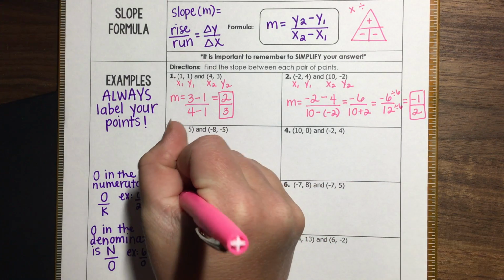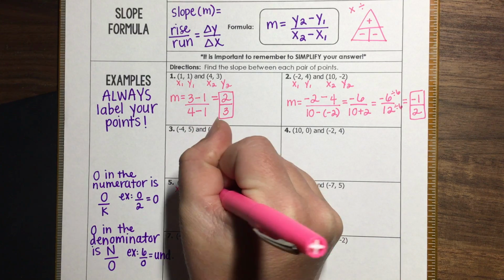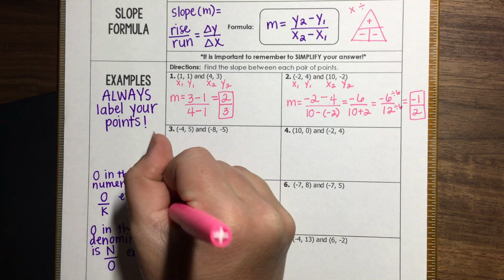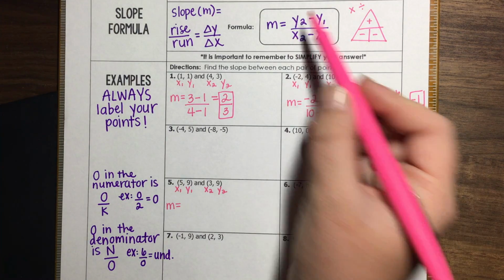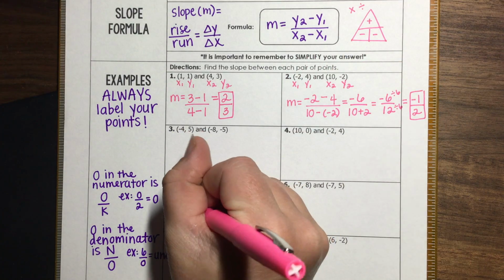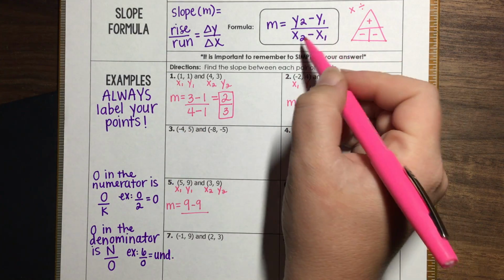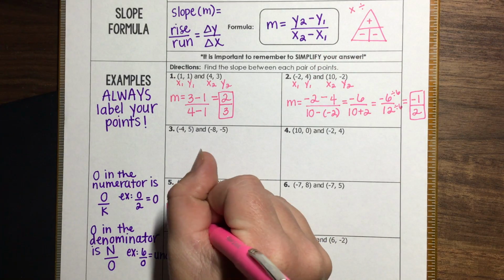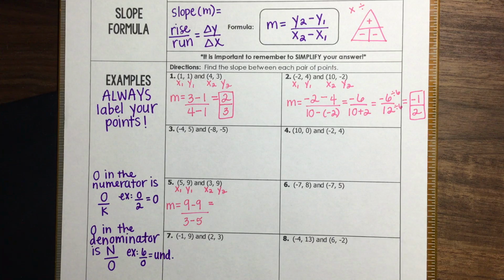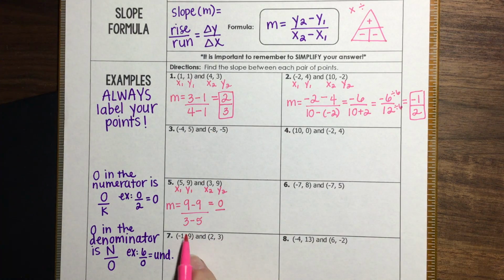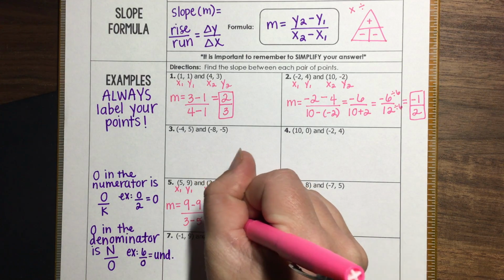I'm going to follow the same steps I did earlier: x1, y1, x2, y2. So I plug in the points given to me. I have y2, which is 9, minus y1, which is 9, all over x2, which is 3, minus x1, which is 5. So I have 9 minus 9, which gives me 0, divided by 3 minus 5, which gives me negative 2.